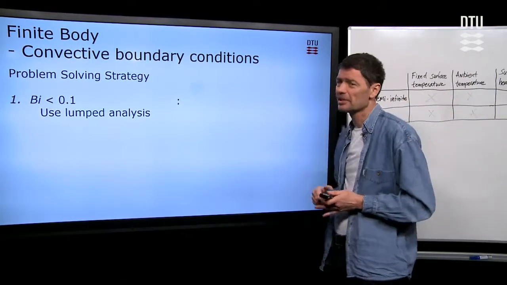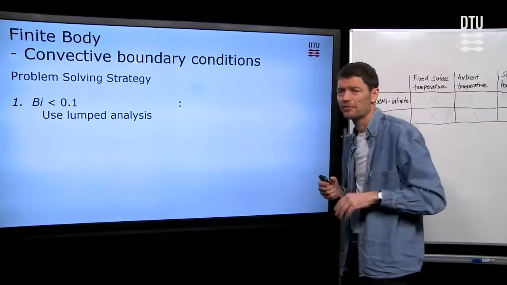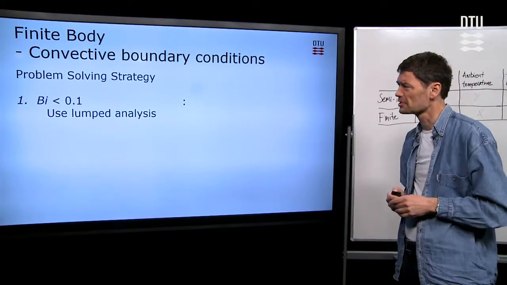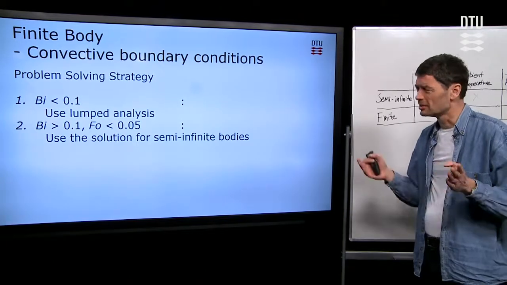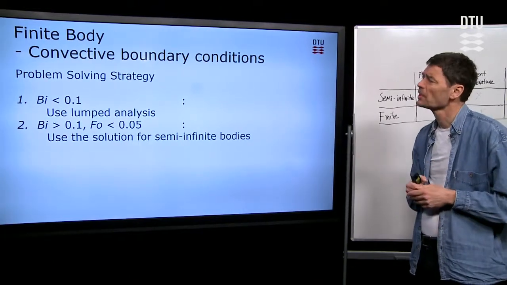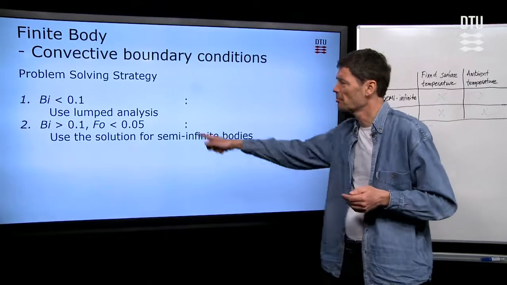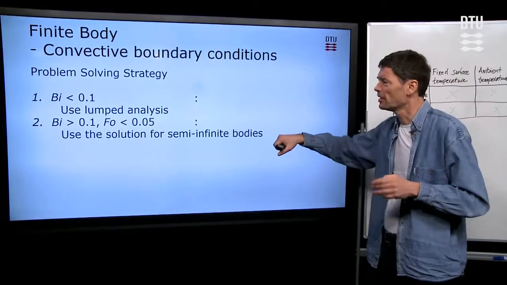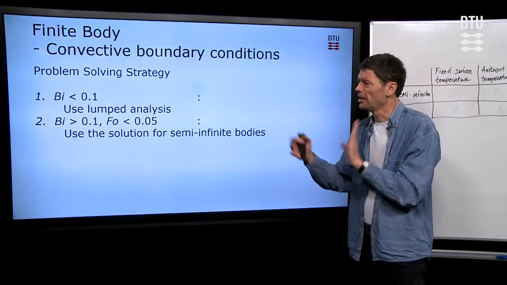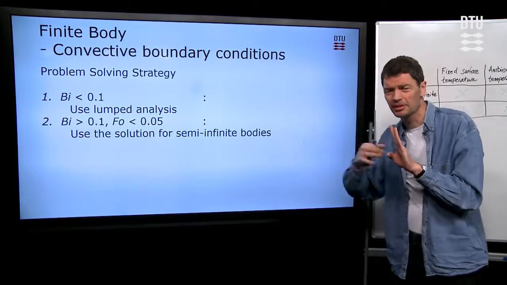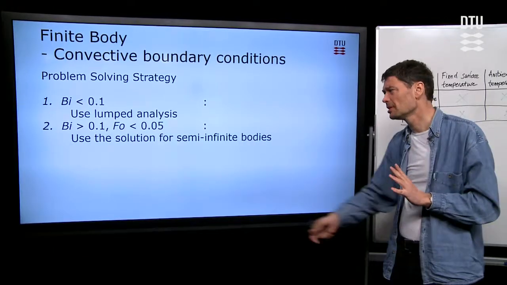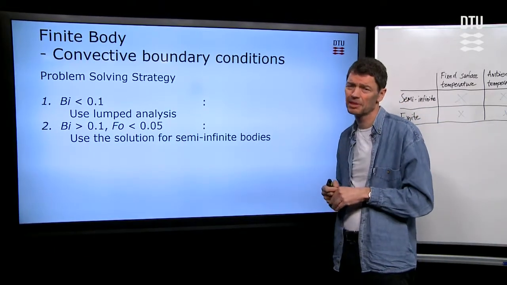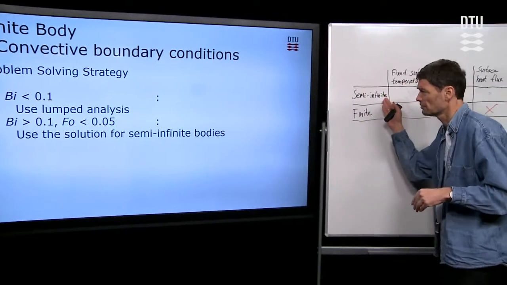So if the Biot number is less than 0.1, you're simply referred to an assumed lumped analysis, which means that all temperatures within the body of the material are the same. But for larger Biot numbers, but for small times, well then, if the material is finite or semi-infinite, the temperature profile has not developed very far into the material, so then you can use solutions for semi-infinite bodies, as we talked about before.